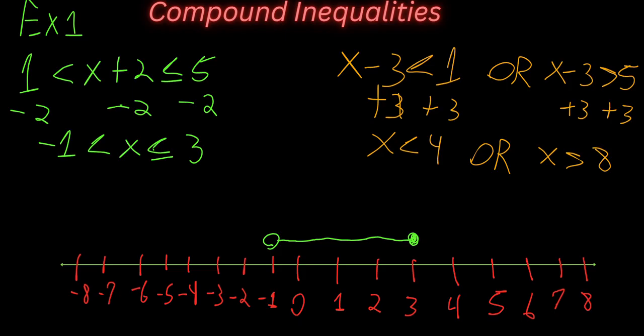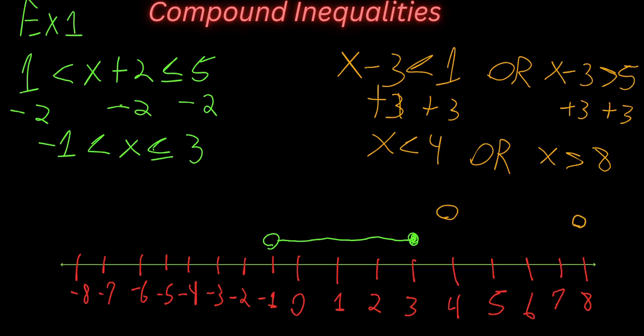And now our next step, we're given 2 inequalities, and we're going to graph them on the number line as a compound inequality. Okay, so x is less than 4. So we're going to have an open circle at 4, or x is greater than 8. So we're going to have an open circle at 8.